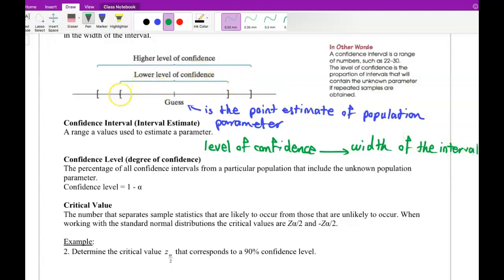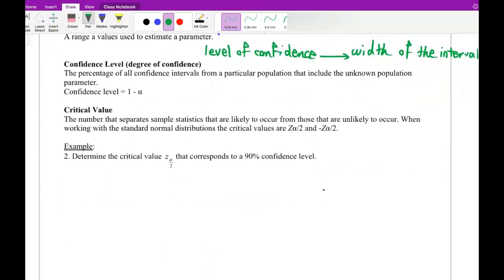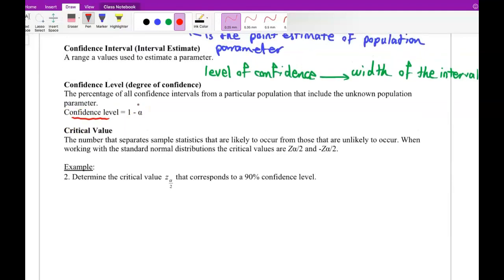This is the interval we have for the lower level, and this is what we have for the higher level of confidence. Then this is the confidence level, and that is equal to 1 minus alpha.